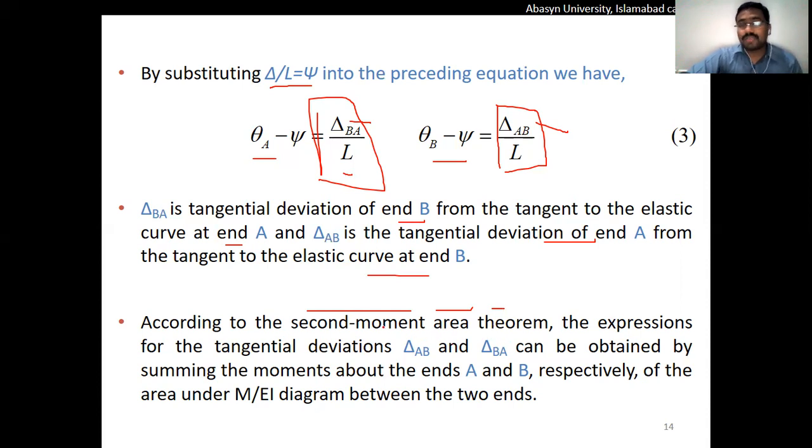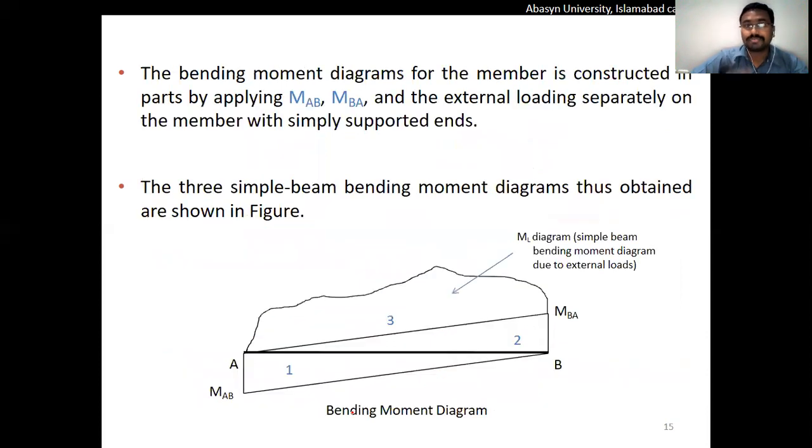Now, as per the second moment area theorem, the deviations delta AB and delta BA can be calculated by summing the moments about the ends A and B respectively, of the area under the M over EI diagram between the two ends.